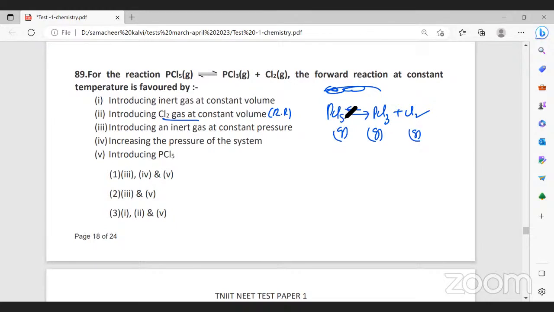Introducing PCl5. See, introducing PCl5, as the concentration of reactant increases, the forward reaction is favored. This is right. Introducing inert gas: when you introduce inert gas, it does not react, but the number of moles increases on the reactant side. Therefore, it also will favor the forward reaction at constant volume. Hence, the answer for this question is option 2. Not option 2, it is option 1, and it should be option 1 and 5.